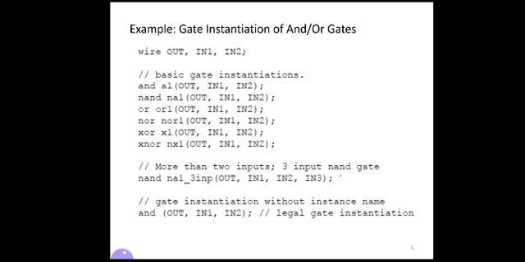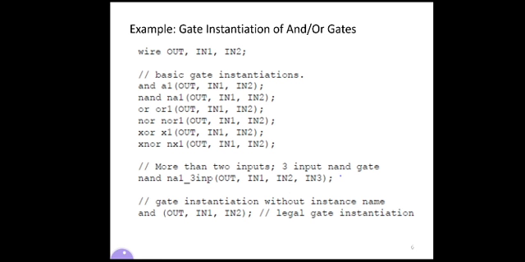and is a predefined primitive. A1 is the instance name. Out is a terminal name. Recall the symbol of the AND gate. The AND gate symbol consists of one output and two inputs, where the output is out and the inputs are in1 and in2. To instantiate the AND gate, use the AND gate primitive, that is and, and A1 is the instance name.